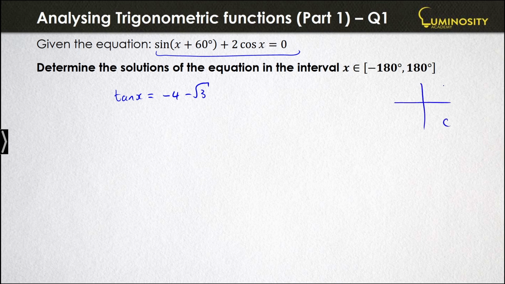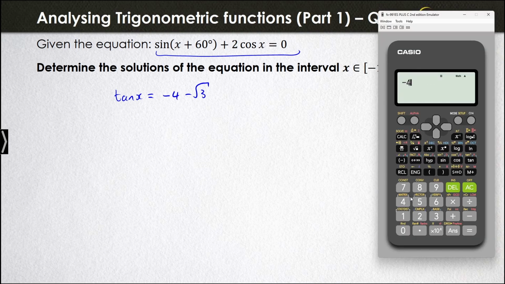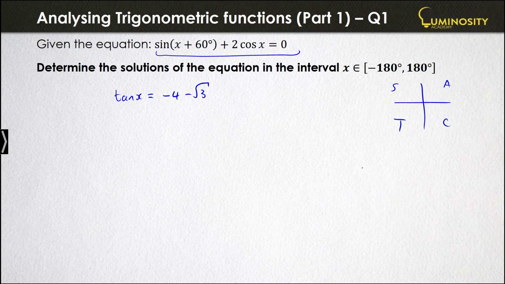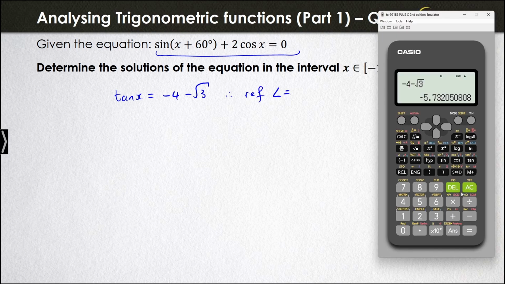Okay, so let's get out the CAST diagram. Now, where's tan negative? Because this is going to be a negative number, right? If I put in -4 minus square root 3, it's going to be a negative number, -5.73. So tan's negative in the second and fourth quadrants. So therefore, our reference angle is going to be tan inverse of the positive of this number.